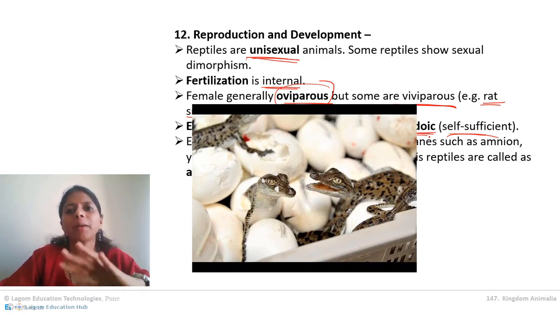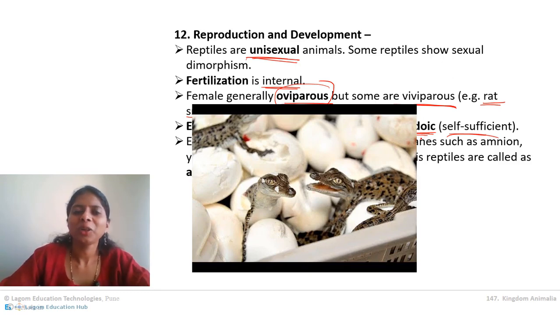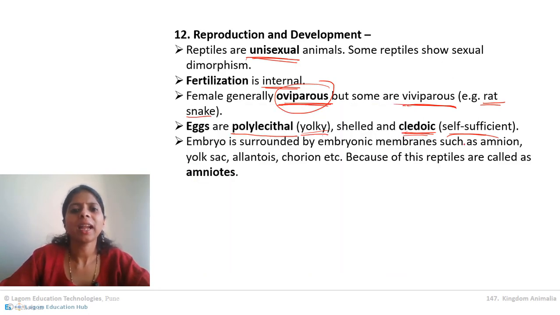It is well developed, and immediately after birth it can start capturing its food. It doesn't need parental care. Mother snake need not teach baby snake to capture a rat.